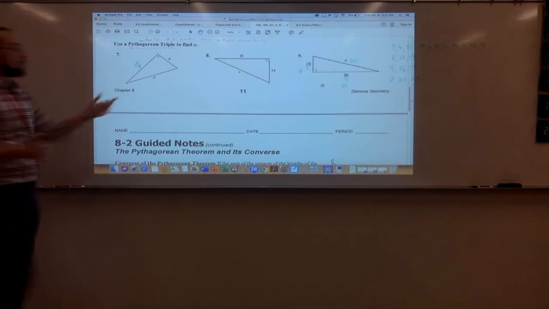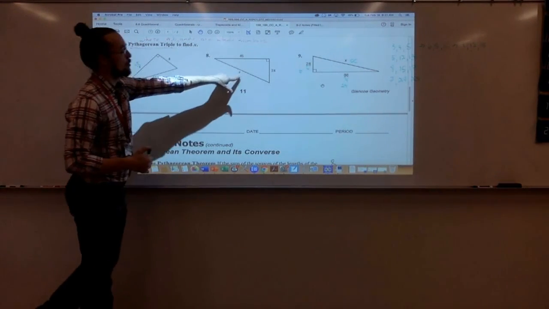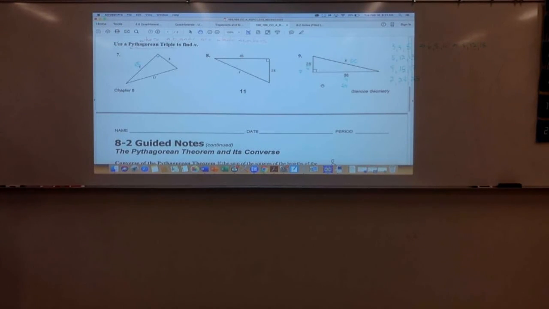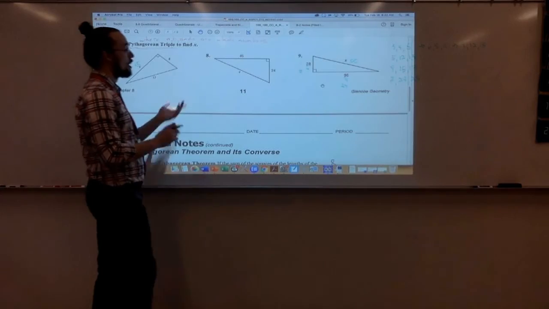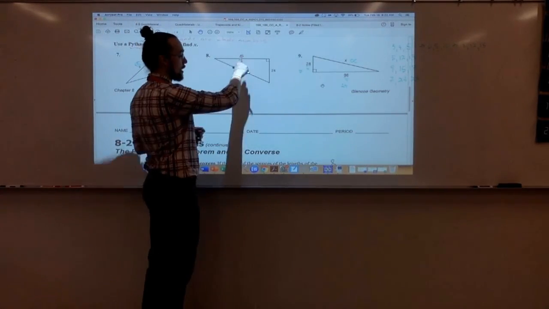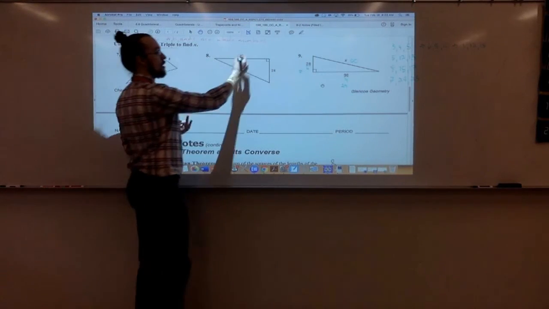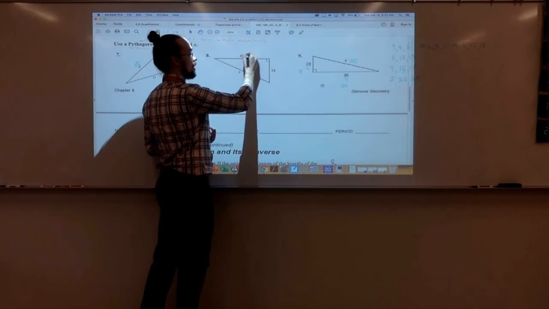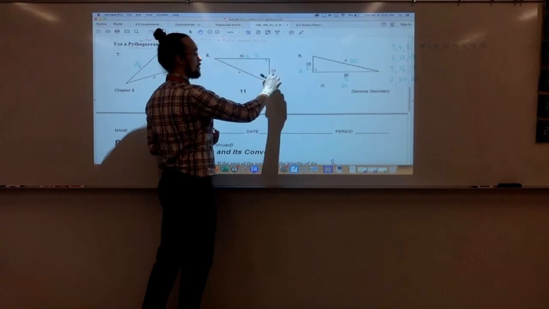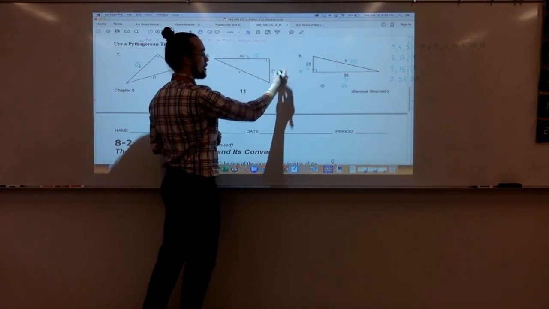And so what Pythagorean triple would number 8 be here? The 8, 15, 17. This would actually be another 8, 15, 17. I could divide both of these sides by 3. If I divide 45 by 3, it would be 15. If I divide 24 by 3, that would be 8.